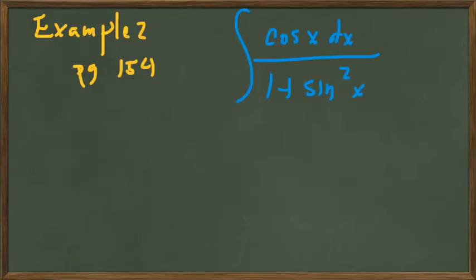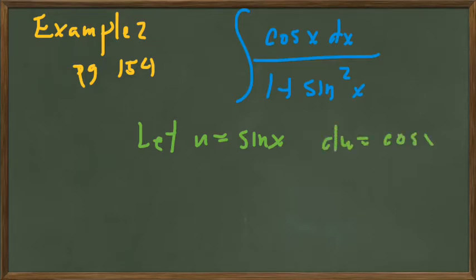So in doing this, we notice that if we let u equal sine x, then this integral is in the du over 1 plus u squared form, so u is sine x, du is cosine x dx, and so this top is du, and this bottom is 1 plus u squared.